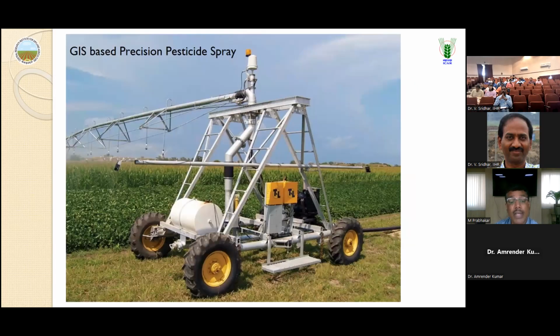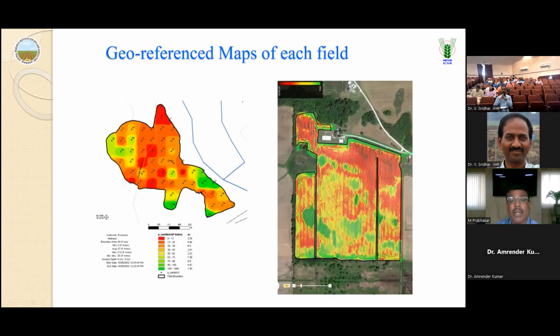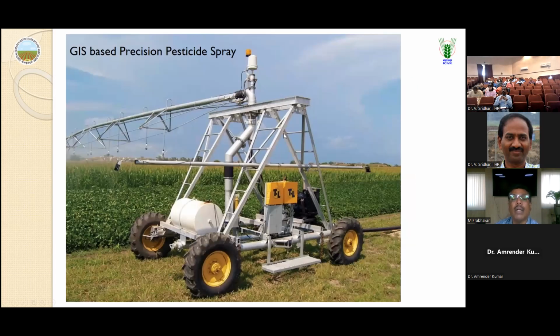Now, once you have this kind of maps, for example, this is a satellite-acquired image of a particular farmer's field, and you see certain patches, red patches, green patches, severe damages. Once you have it, you mount it on a sprayer, for GIS-based precision pesticide spray. The nozzles will open only where there is pest damage, and shut off when there is a healthy crop.